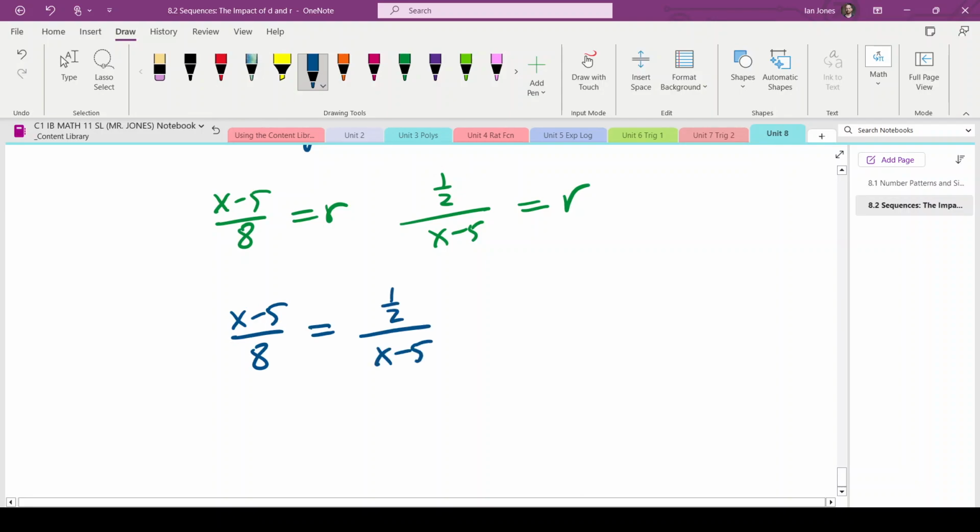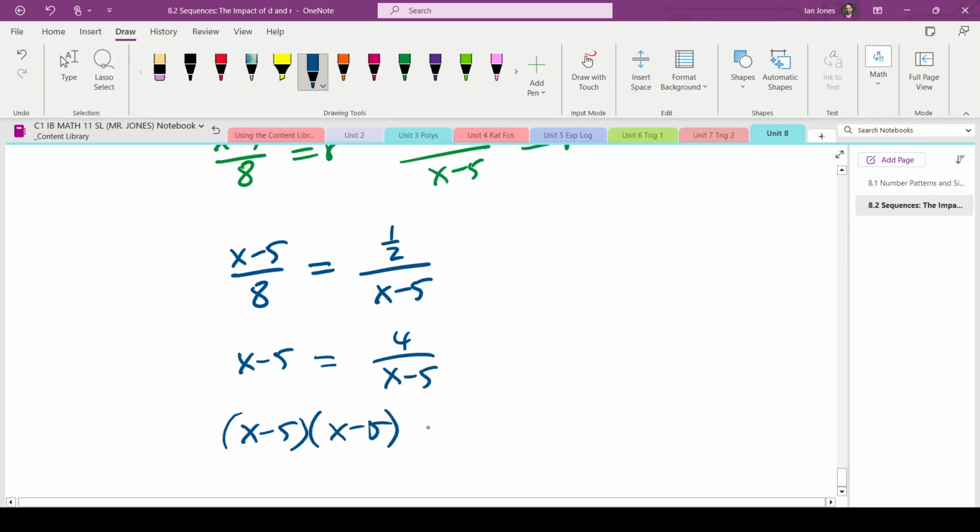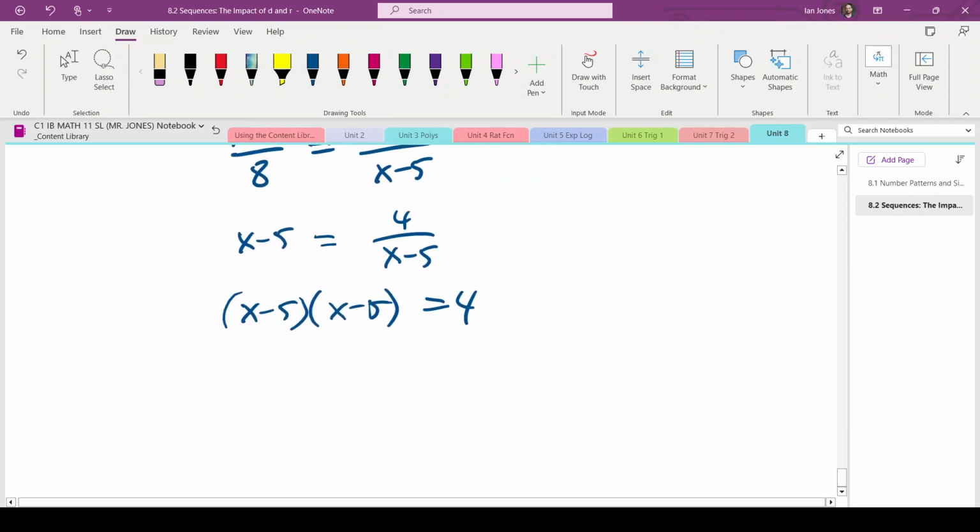And now I can solve for x. I'm going to multiply both sides by 8. I'm going to multiply both sides by x minus 5. And now this comes back to quadratics. I can multiply this one out. Subtract 4 on both sides.